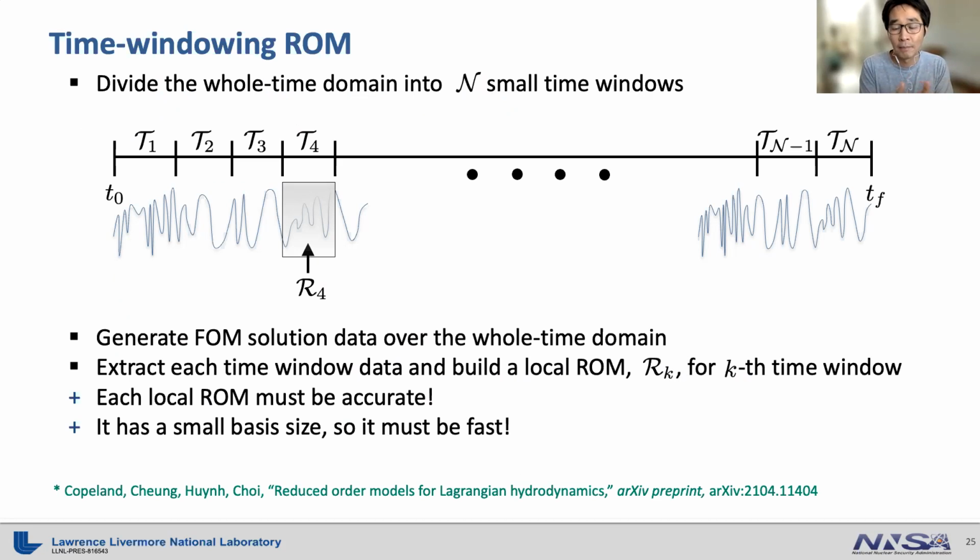Since in each time window you only have to represent a small amount of the solution space, the local reduced model size will be small and will accurately represent the advection dominated solution. And once all the local reduced models are constructed in the training phase, in the online phase, depending on where the simulation is, you invoke the appropriate local reduced models and use them to propagate in time. As I said, the idea is very simple, right?